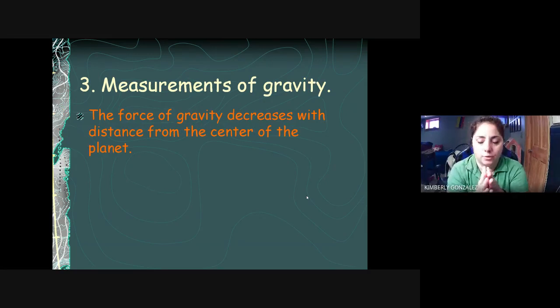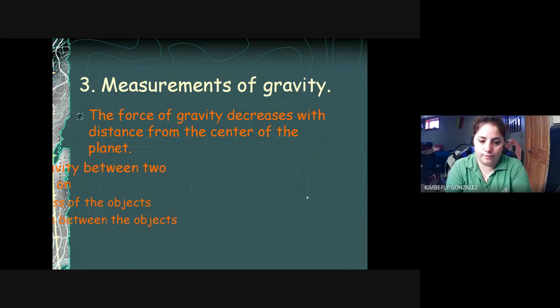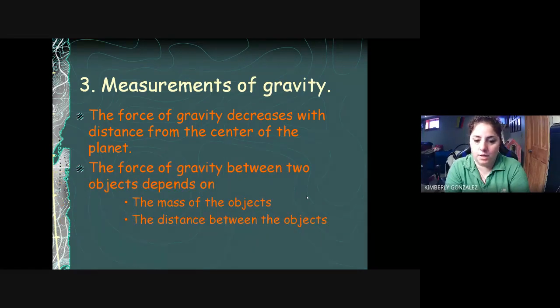Right? So as you go towards the center of the Earth, you're going to have more and more gravitational pull. The fact that the force of gravity changes as you go around the Earth tells you that it's round. Okay?